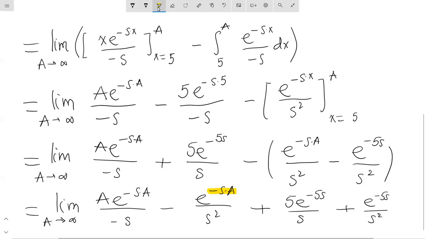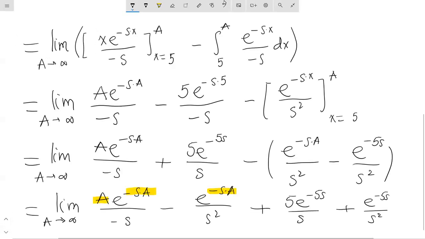That's good. Now for the first limit, we have two things: e to the minus sa, but also a in the numerator right here. So what do we do? When a goes to infinity, we would have infinity times 0. In that case, we should use L'Hopital's rule.